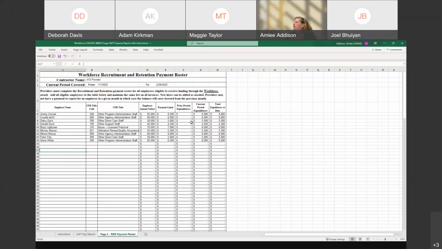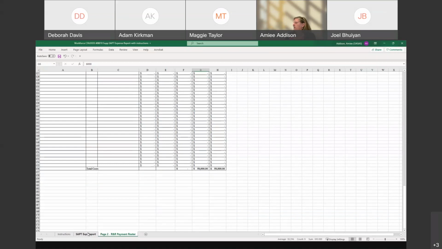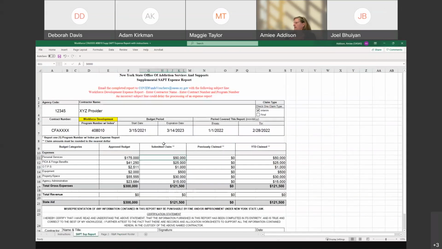And you would put the employee's name, their CFR title code, their annual salary, which would tell you the limit that they're eligible for, and then the current amount you paid in recruitment and retention. Now you'll notice that this totals $50,000, which is what is submitted on the claim.